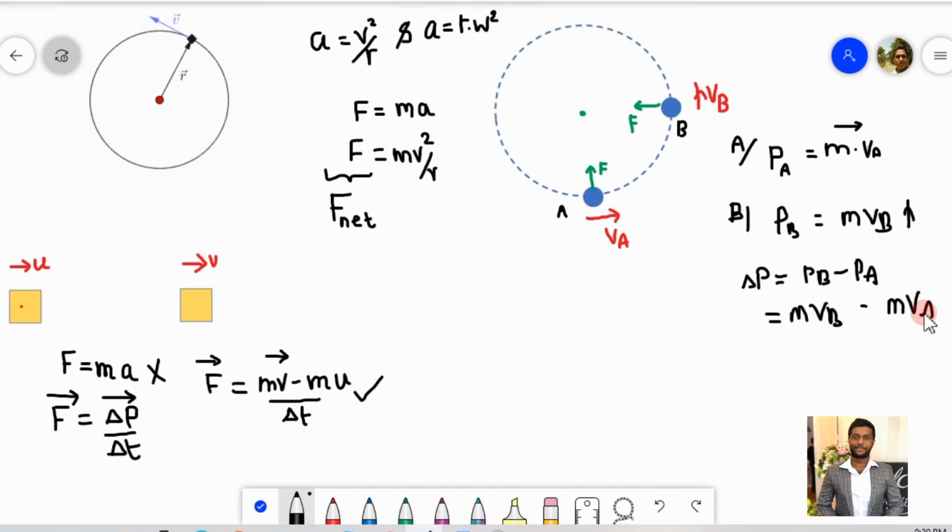Actually here we can't subtract vectors, we can only add. So I can write it like this: m times VB plus, inside brackets, minus m times VA.